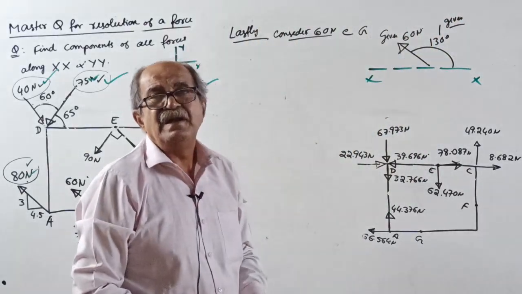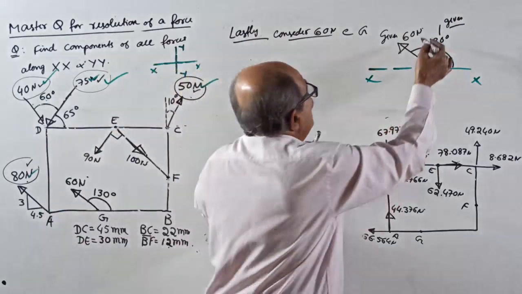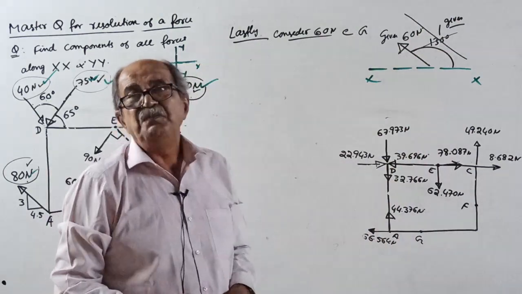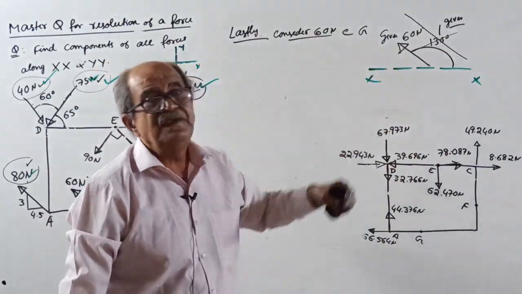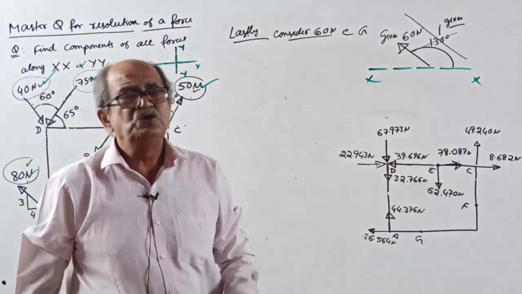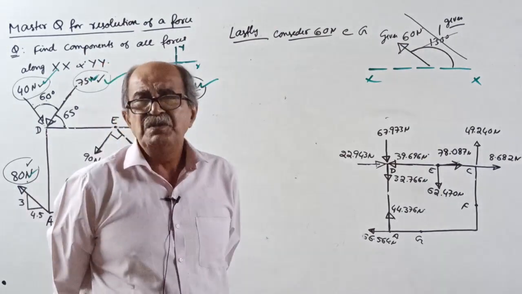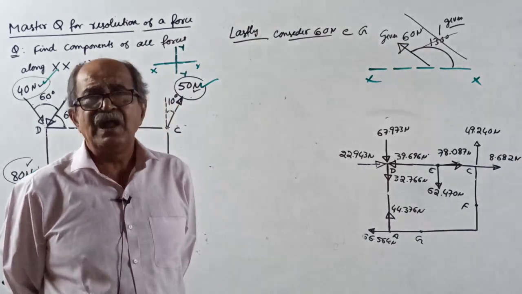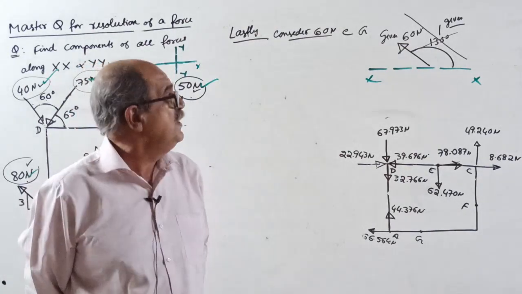Never use that 130. Danger. If you consider the angle 130 degrees, which is more than 90, you are very likely to make a mistake. What mistake will come? I will tell you. When I explain the law of parallel forces, I will tell the mistake. So wait for some time.